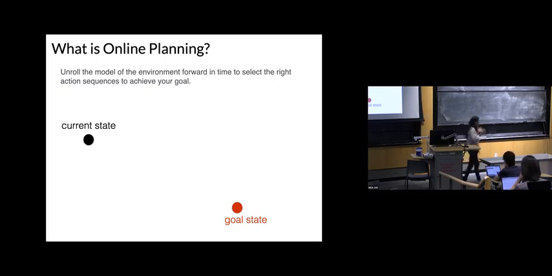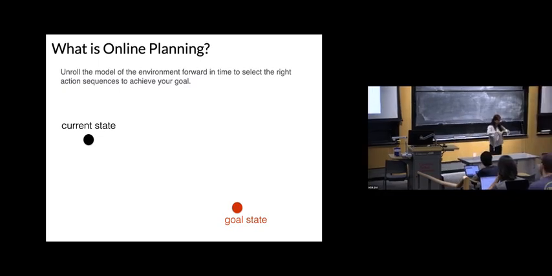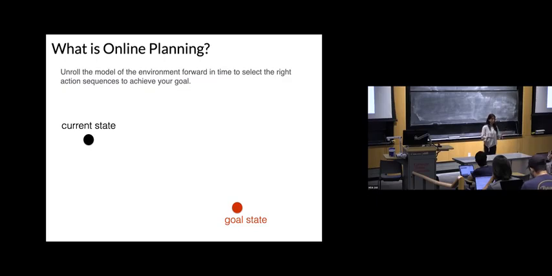Online means that on the fly, while you're playing the game, you're in a particular state, you use the knowledge of the model of the environment, which is how chess is played, to unroll it forward and evaluate all possible alternatives allowed by your GPU and CPU resources to figure out what action you're going to select in a particular state. Is that clear?